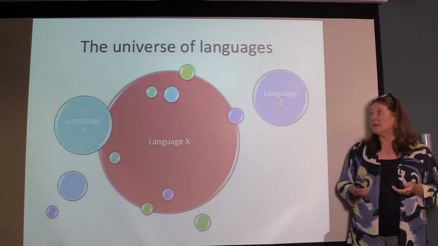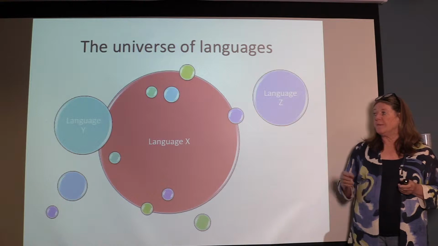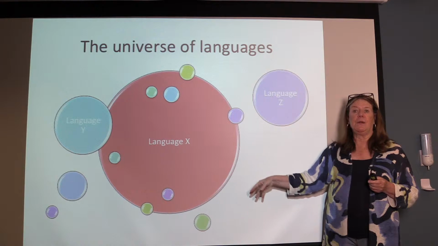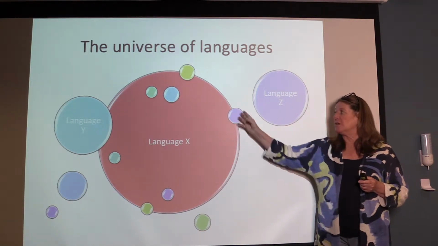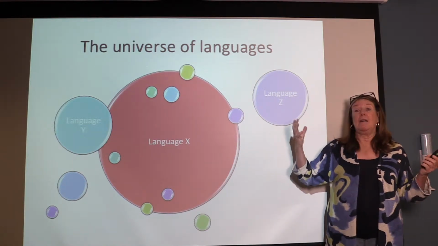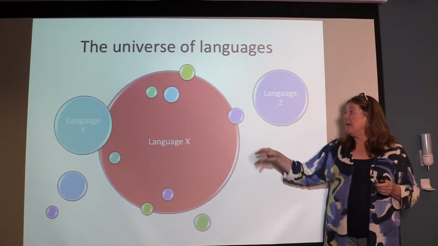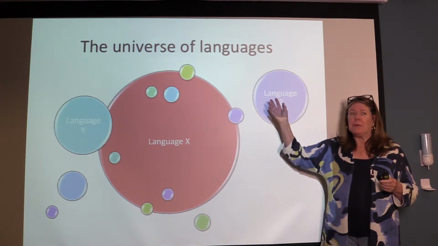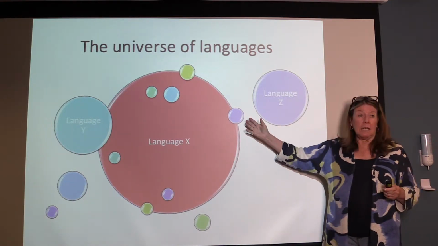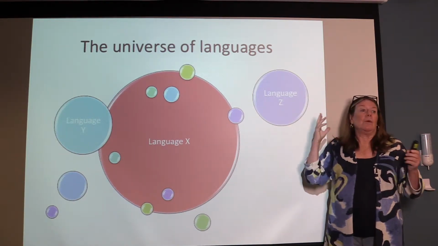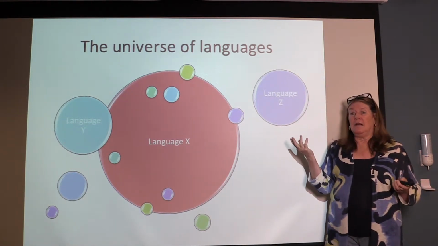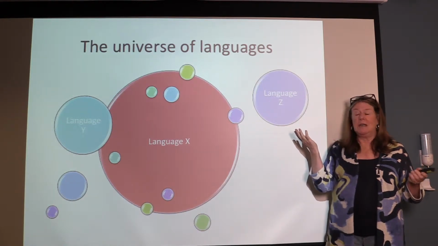But first let's consider the universe of languages. If we think of all languages being sort of out there in the universe, you may think that there's a lot of languages that fall into this sort of languages I recognize category, and that there may be some that are sort of kind of out there. So if you're an English speaker, maybe you think of Hindi as out there, or a language you don't even maybe have any familiarity with, but you've heard that Kung language is spoken in Australia.